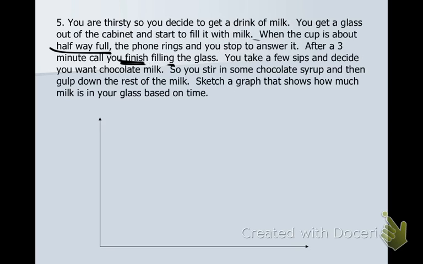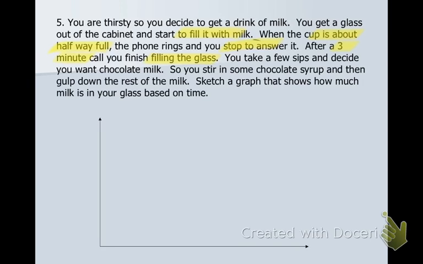Okay? Maybe even this. I know that your notes are already filled in for you a little bit, but we're going to start to fill it with milk. When it's about halfway full, you stop to answer it. After a 3-minute call, you finish filling it.